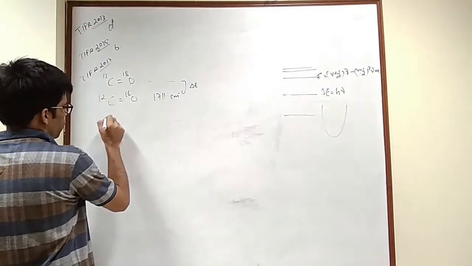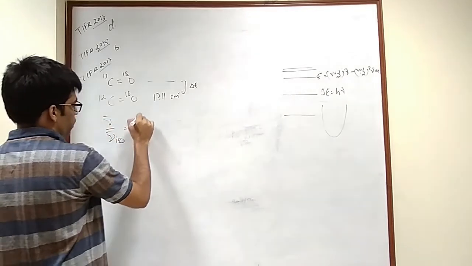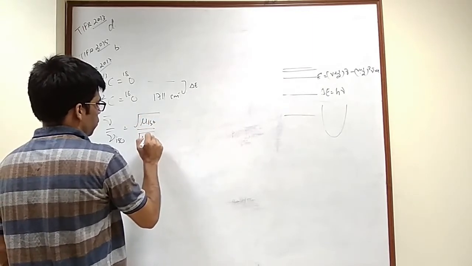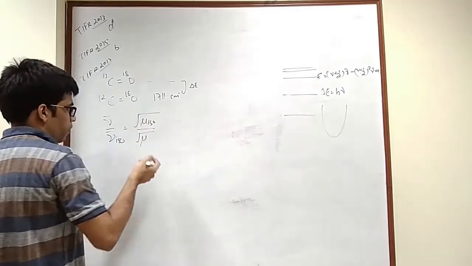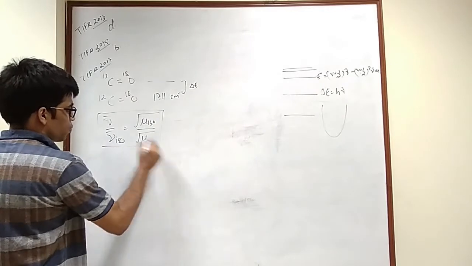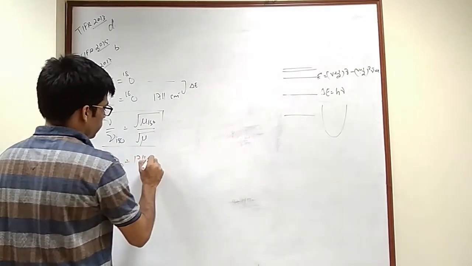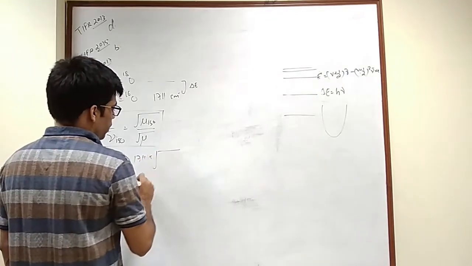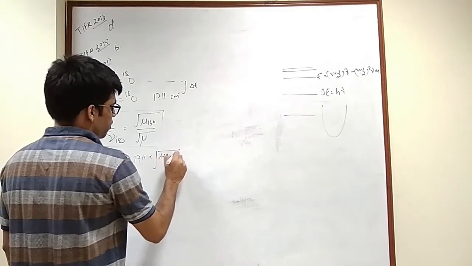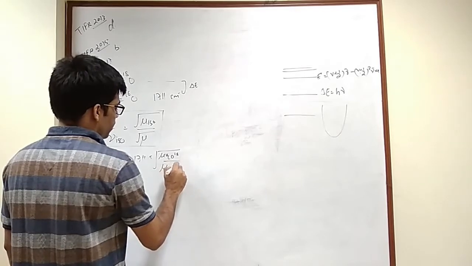Now we know nu bar iso by nu bar is equal to the square root of mu by mu iso, the ratio of the reduced masses. If you want to find nu bar iso, this would mean 1711 multiplied by the square root of mu CO 16/12 by mu CO 18/13.